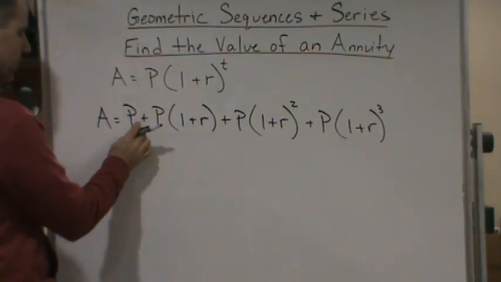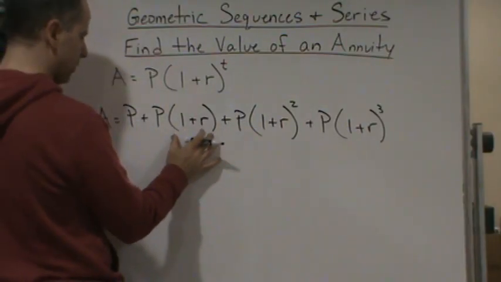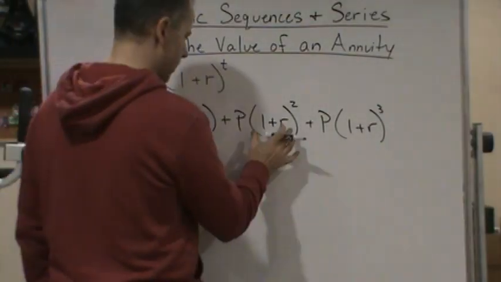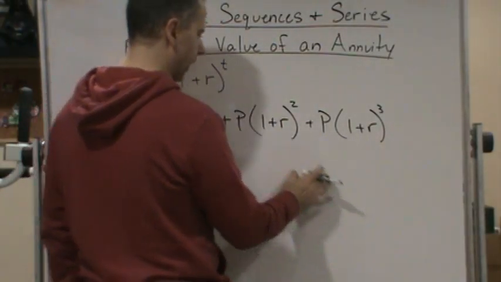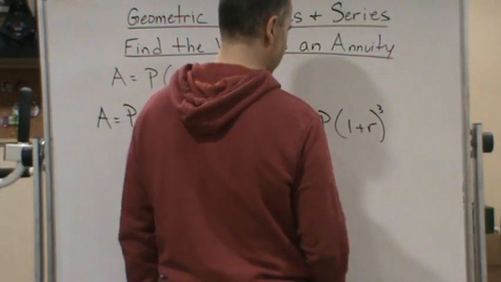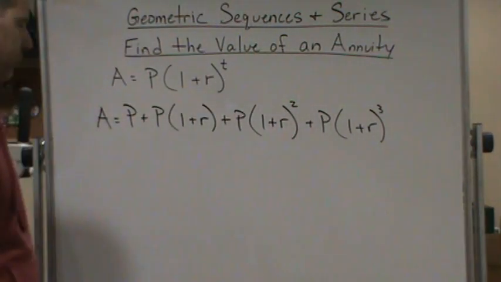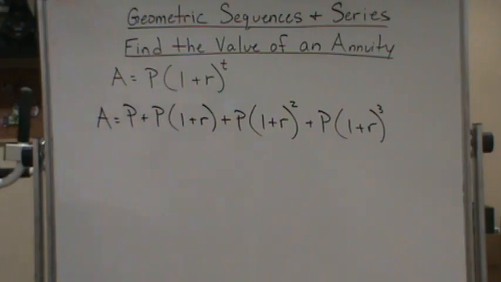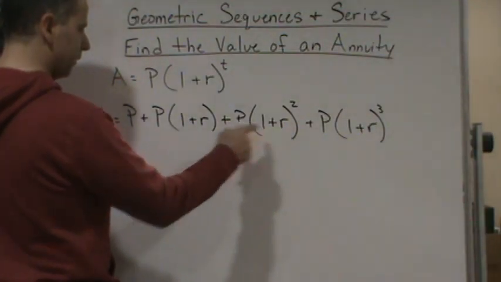So this is your principal. This is the amount of interest after year 2. This is the amount of interest after year 3. And this is the interest and principal added after year 3. Okay? And so now, the common ratio, as you can see, is 1 plus R.